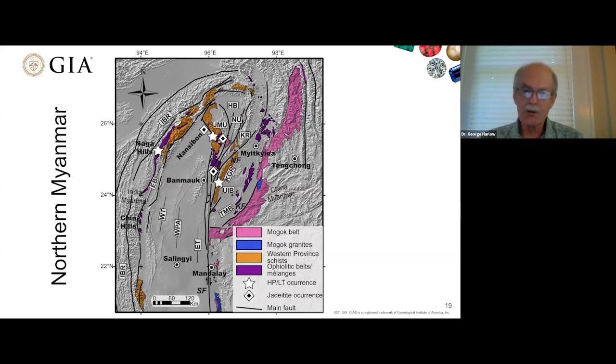And the places where you find rocks that are of high pressure are these stars. And the places where jade has been found are these diamond shapes. You see that they're highly correlated with one another, but the point would be that the stars give you a hint of where you might continue to look for jade if it hasn't been found already. So this is like trying to predict things.